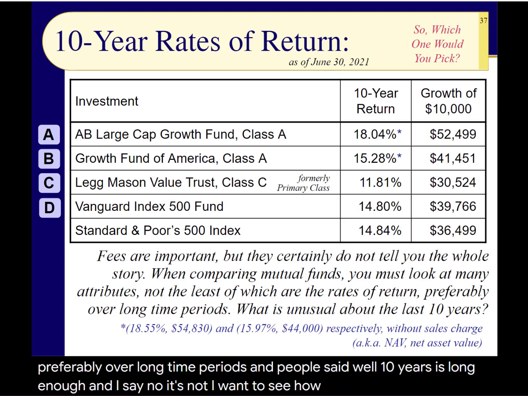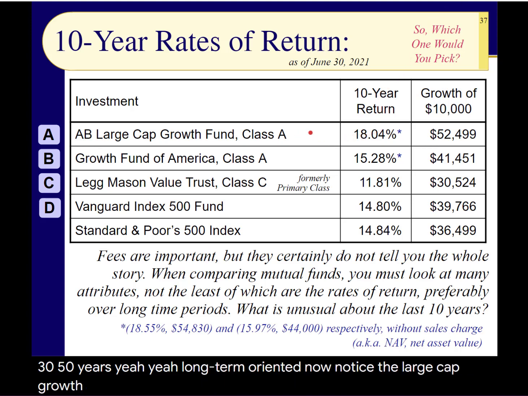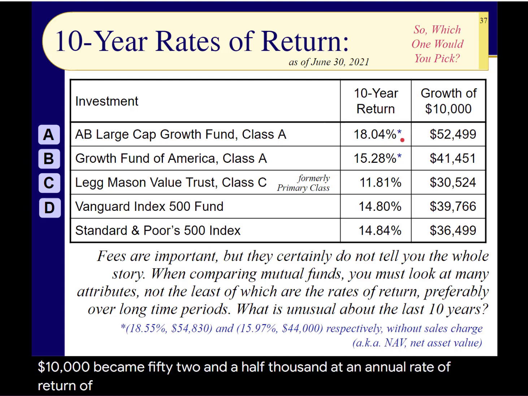I want to see how well they've done over 20, 30, 50 years. Yeah, I'm long-term oriented. Now notice, the Large Cap Growth Fund from AB, as I said, it's a very well-run fund. Your $10,000 became $52,500 at an annual rate of return of 18.04%.